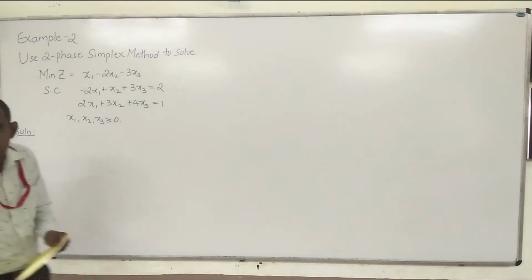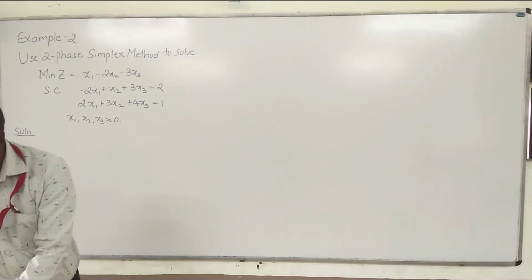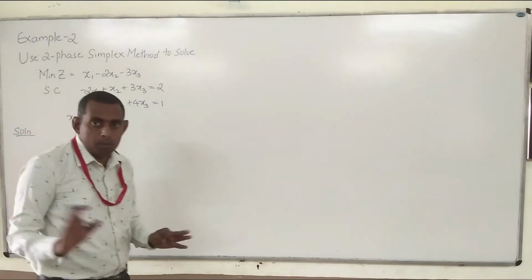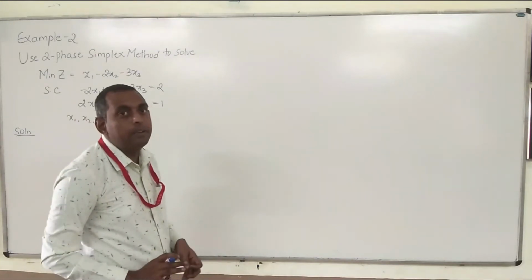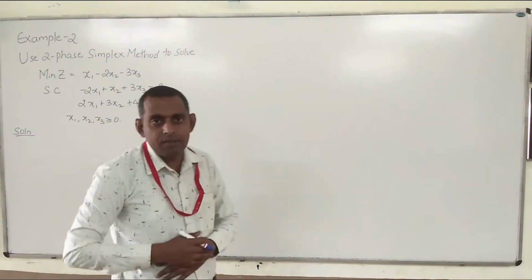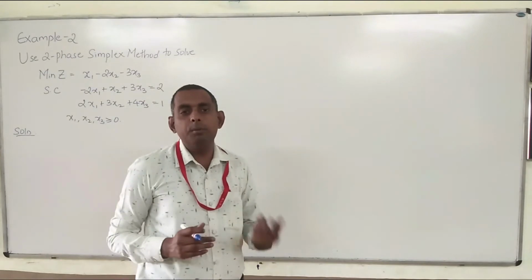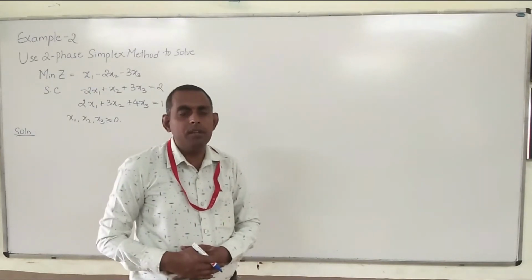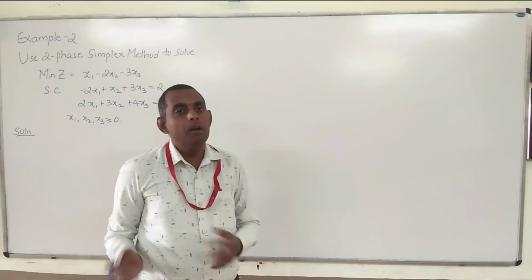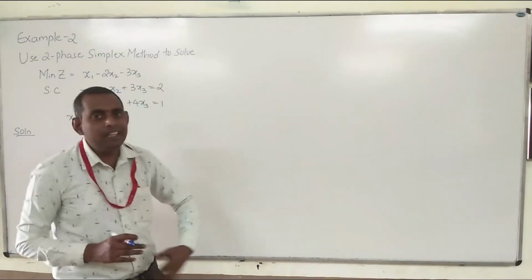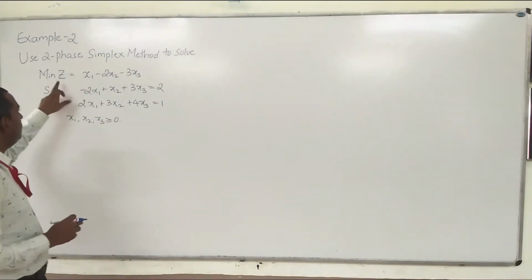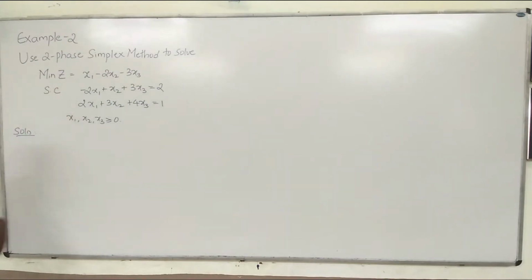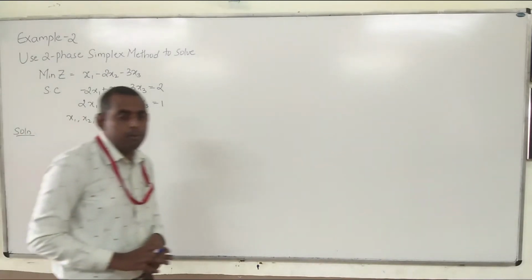Whenever we get a problem, first we need to see what the problem contains, what this LPP contains, how the constraints are subjected, and whether the objective function is to be minimized or maximized. So let us see it one by one. At first, I can see the objective function is to be minimized.